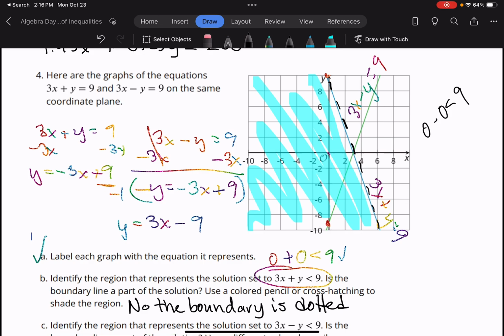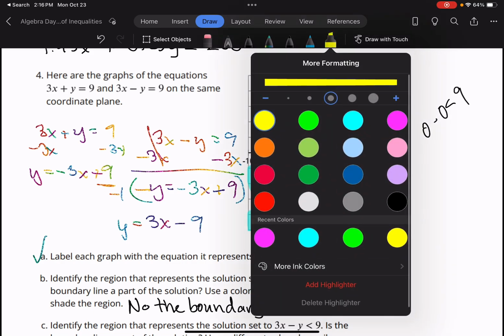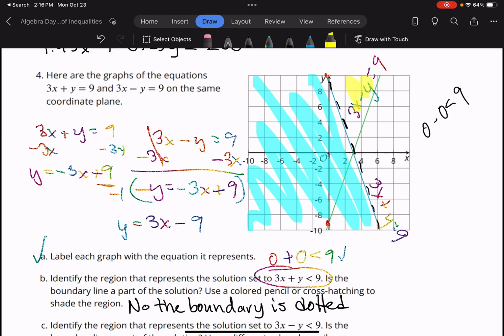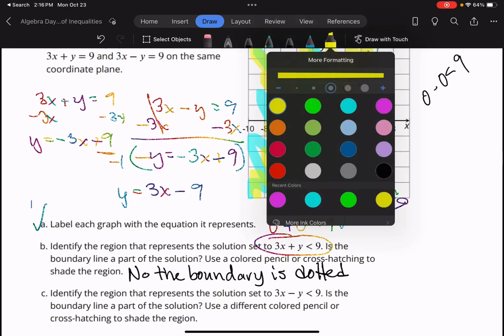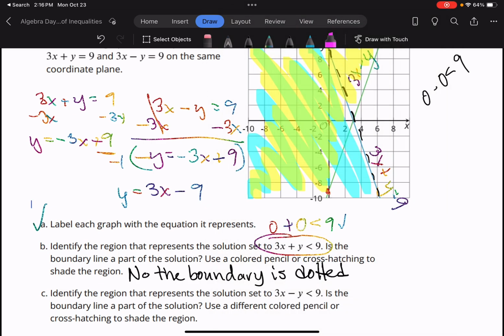So again, for our other line as well, we're going to be coloring on this side of the line, because that does work. 0 minus 0 is less than 9, so that side works too. So now we have places where our graph overlaps, right in here. All of that area is overlapping.